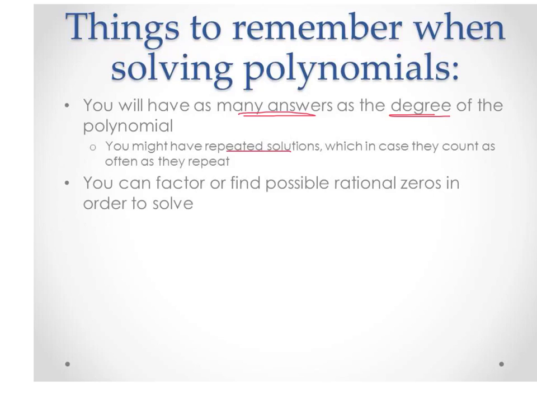You can factor or find possible rational zeros in order to solve. Remember in the last section we talked about possible rational zeros being p over q, where p is the factors of your constant and q is the factors of your leading coefficient. That will help you solve. And also remember graphing is a good way to help you zone in on what those zeros are going to be.